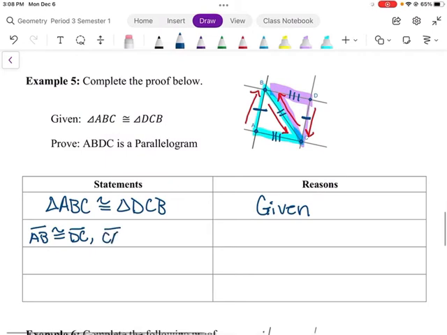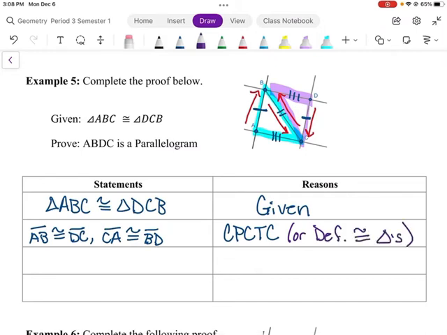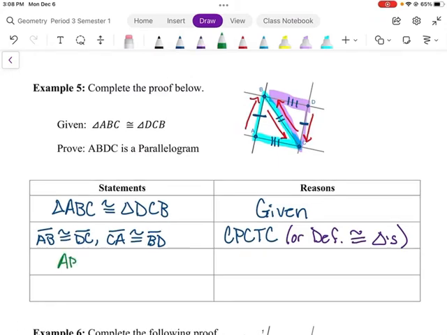And the reason we can say this is CPCTC, corresponding parts of congruent triangles are congruent, or you could write definition of congruent triangles. That works too. So now that we have shown that opposite sides are congruent to each other, we can now say that ABDC is a parallelogram.